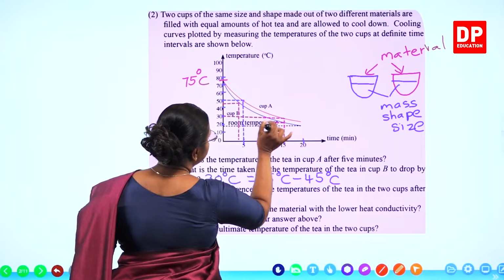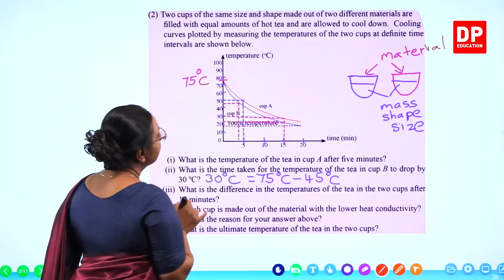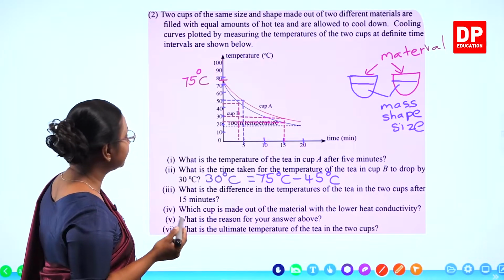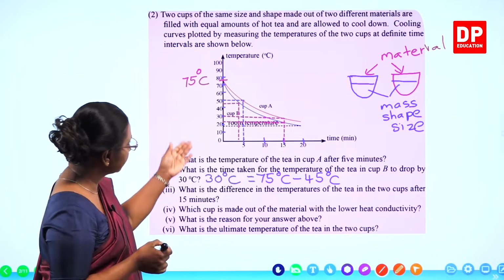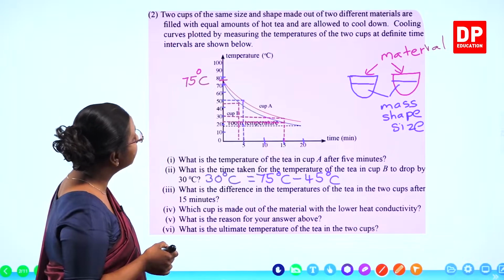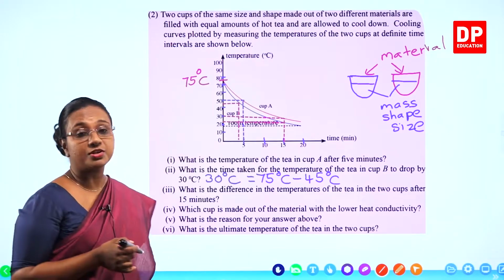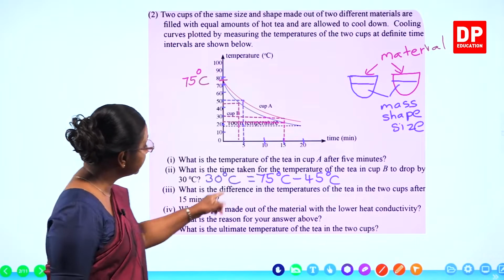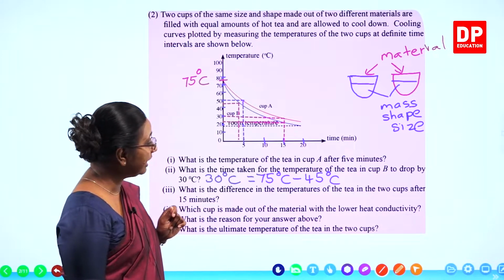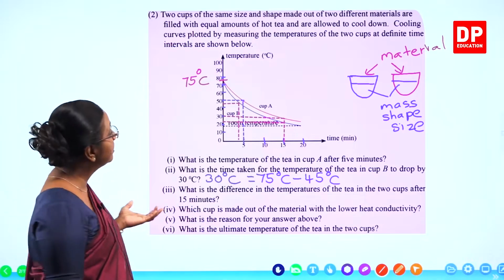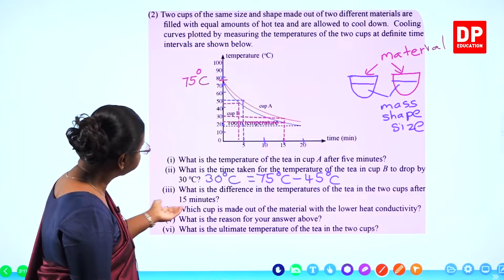And from cup B, if we draw a line, it is a little more than 20 degrees Celsius. Let's say we can take it as around 23 degrees Celsius. So what is the difference? There is a difference of about 7 degrees Celsius. We can take it as 7 degrees Celsius.